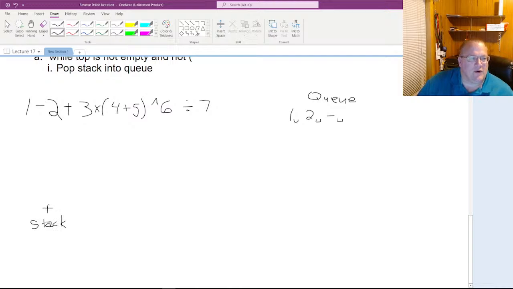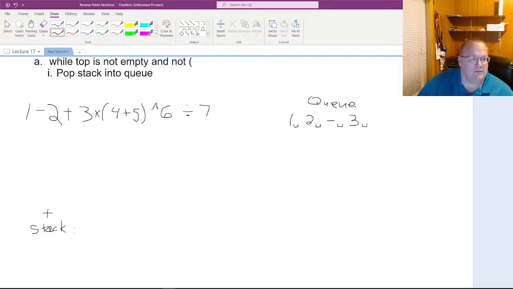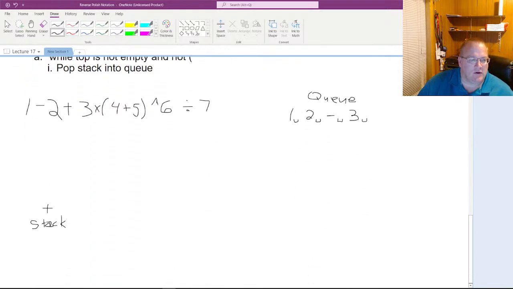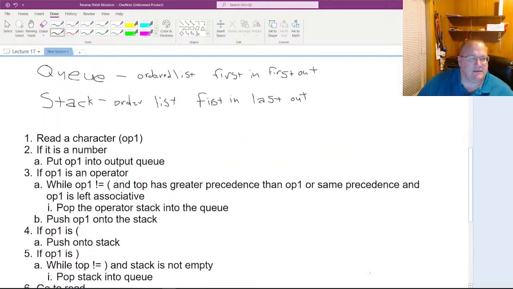Okay, now we're reading the 3. 3 just goes to the output because that's what we do with numbers. Now we read a multiplication sign. Top has greater precedence? Nope, op1 has greater precedence, and they're not the same precedence. So there it goes, right on top. All right, now left parenthesis.